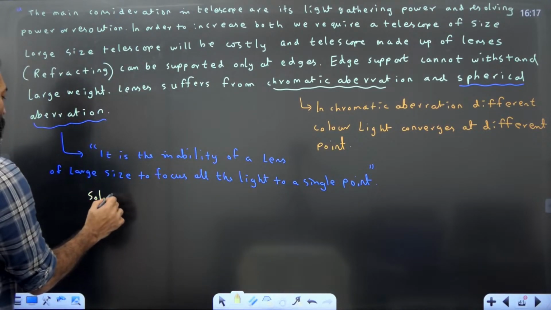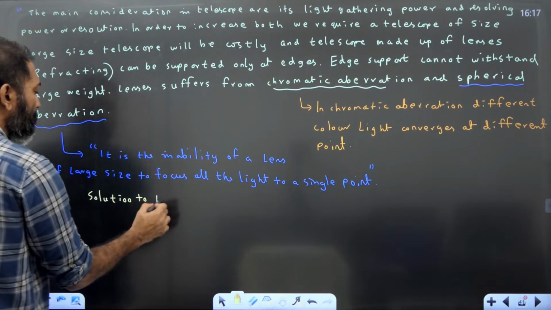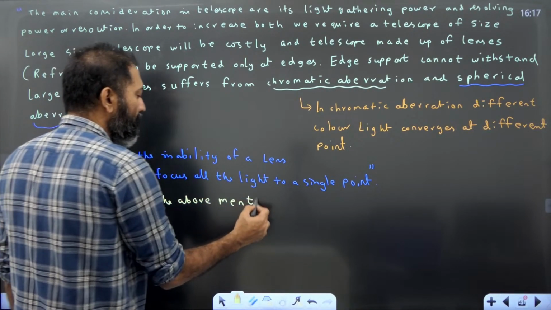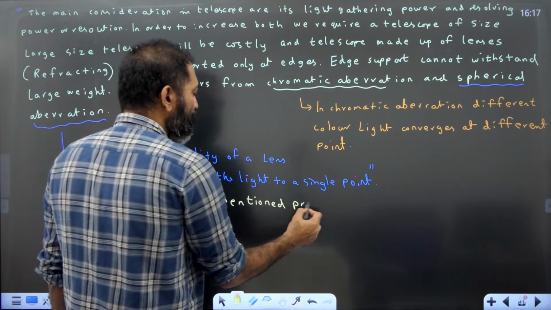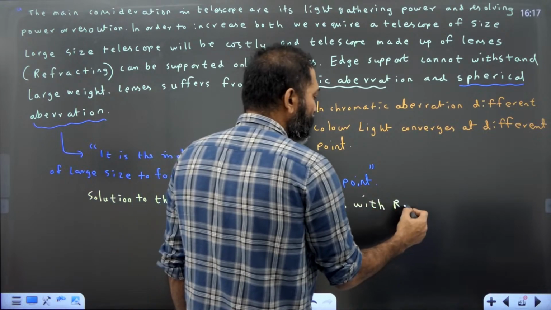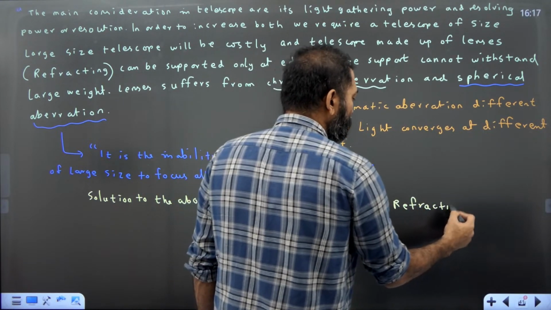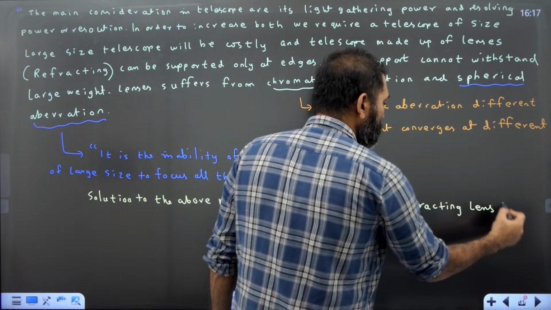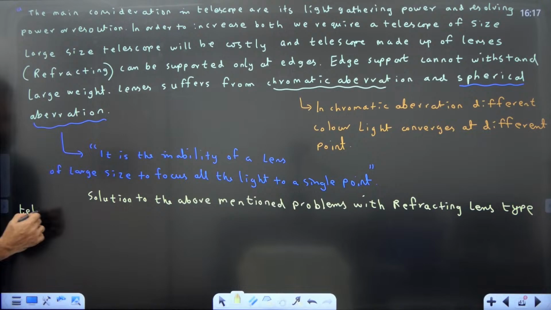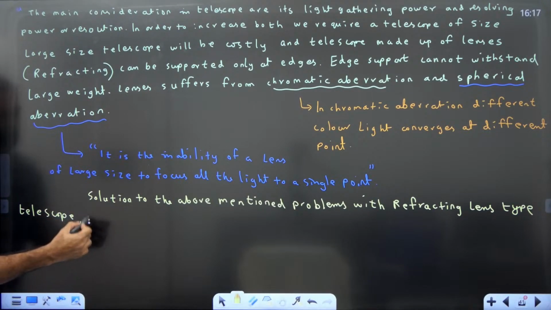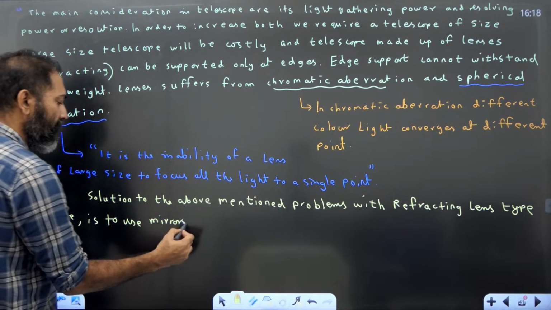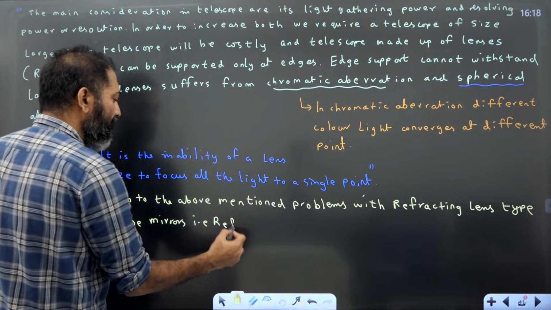The solution to the above mentioned problems with refracting lens type telescope is to use mirrors, that is reflecting type.